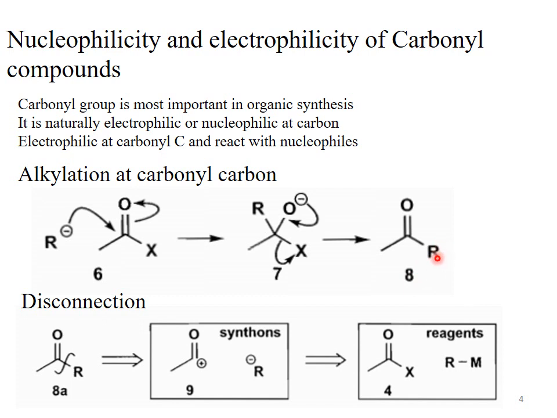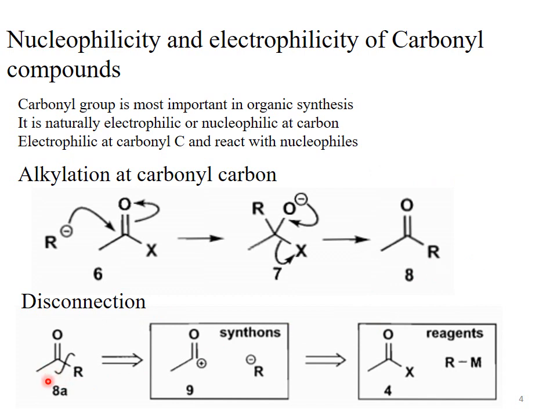The negative charge comes back and pushes the leaving group to leave. See, X is a leaving group and it is leaving the compound. The product 8 is obtained. See the difference between 6, the reactant, and 8, the product. See the difference between the structure of the reactant and the product.